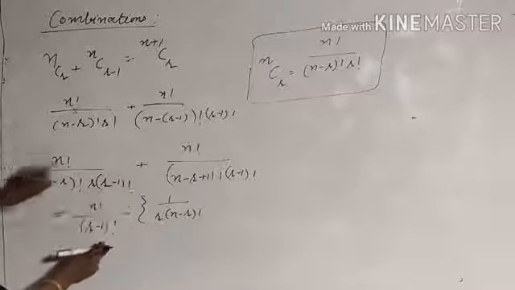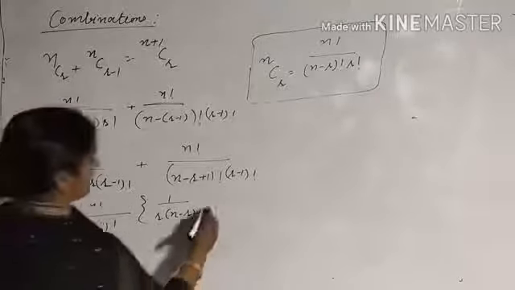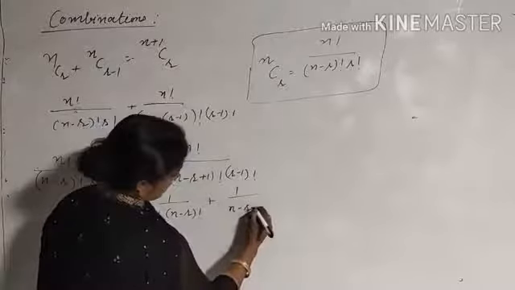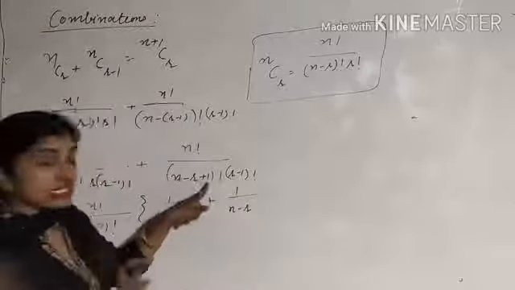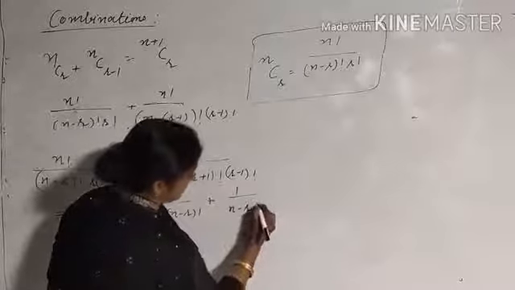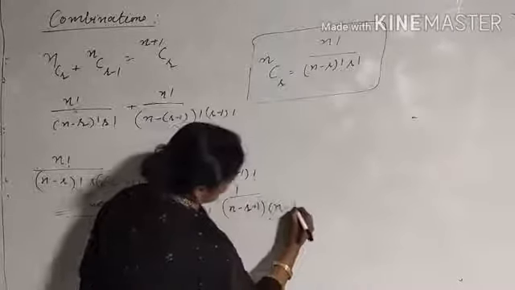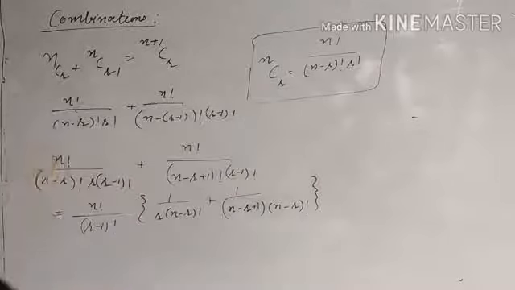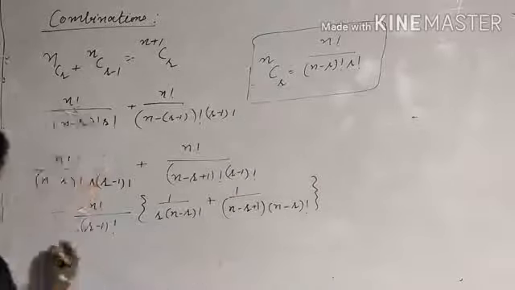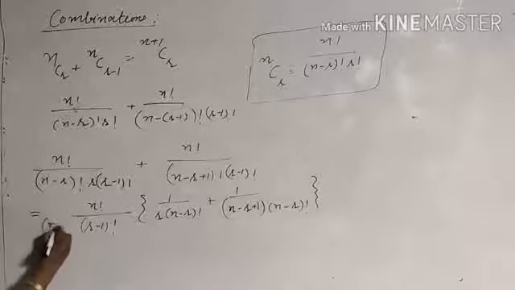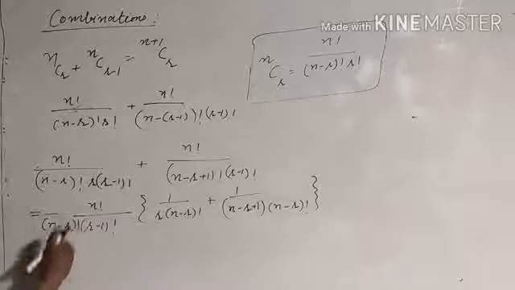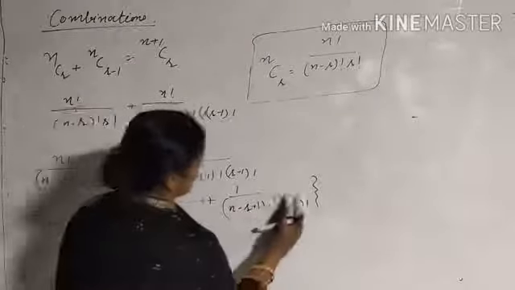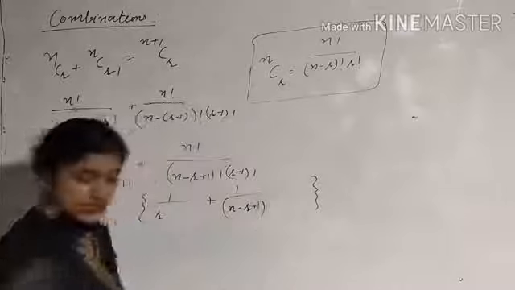Plus 1 upon (n minus r plus 1) into (n minus r) factorial. Now again we can take (n minus r) factorial common. So inside we have 1 by r and 1 by (n minus r plus 1).